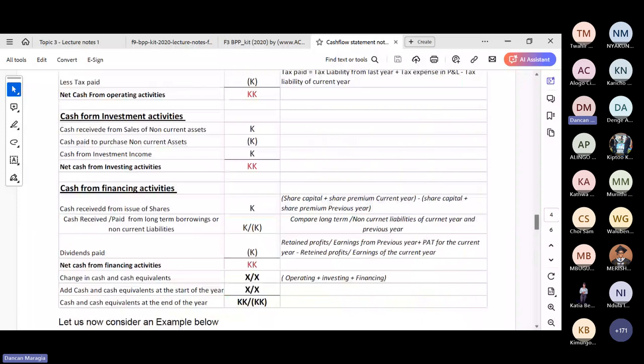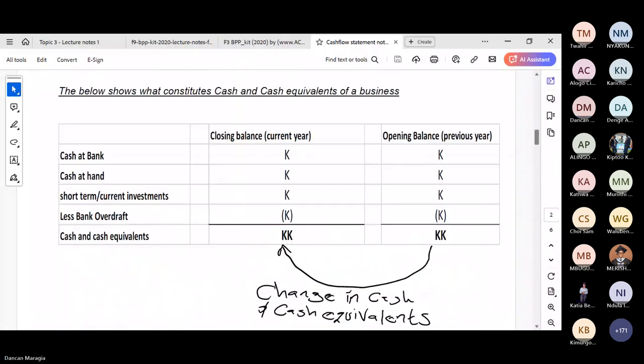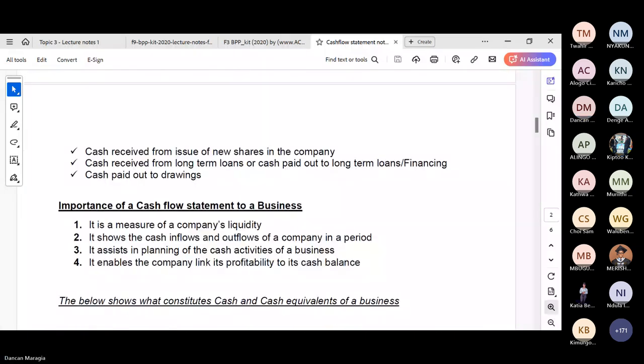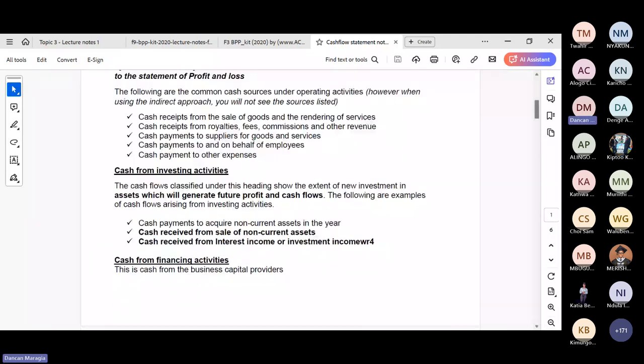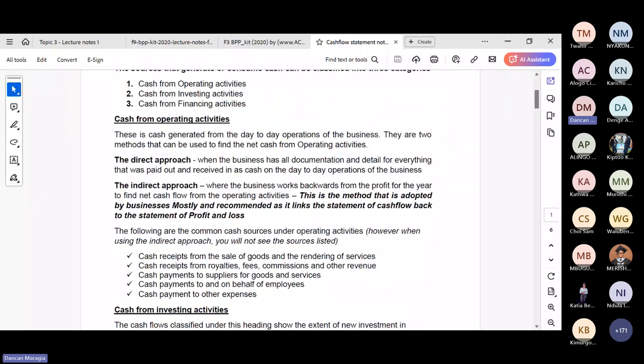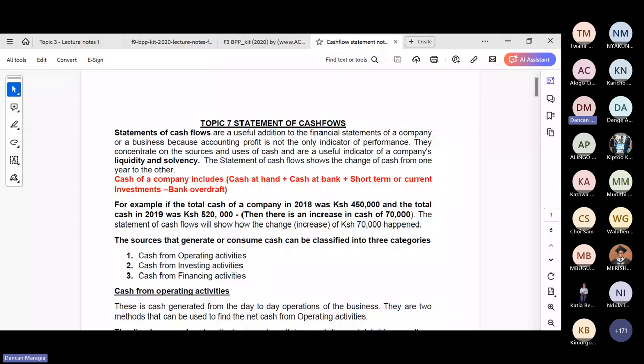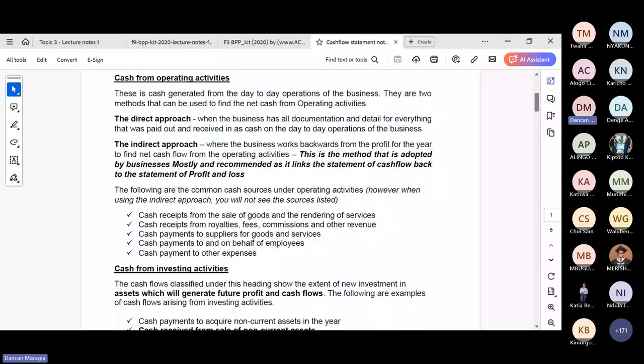when we look at this concept of cash flow, I've already explained what cash flow from operating, investing, and financing activities is. But in detail, when we are looking at the direct approach, the sources are cash receipts from sale of goods and rendering of services.